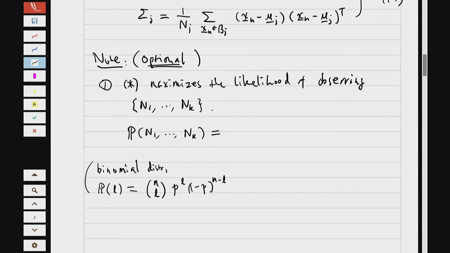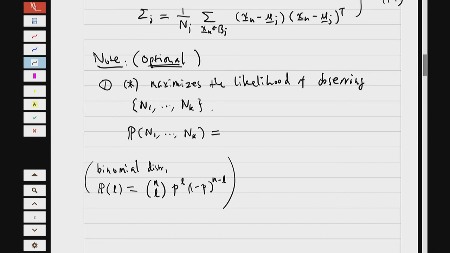Remember this formula? This is the probability that when you toss a coin n times, L times it shows up heads.